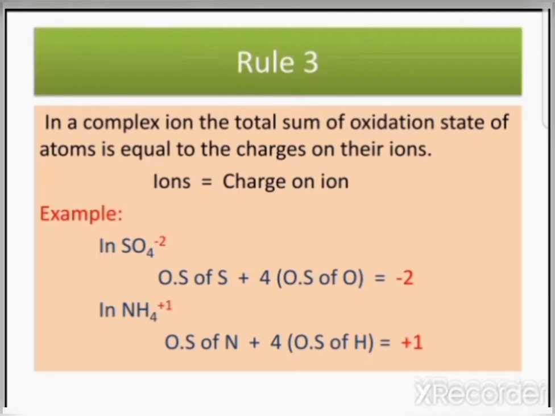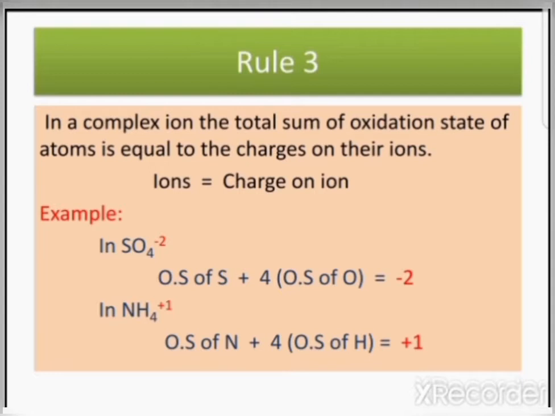For example, in SO4 2-, to find the oxidation state of each element, we will use the following equation. That is oxidation state of sulfur plus oxidation state of oxygen multiplied by 4 because there are 4 atoms of oxygen is equal to -2. -2 is the total charge on the ion.